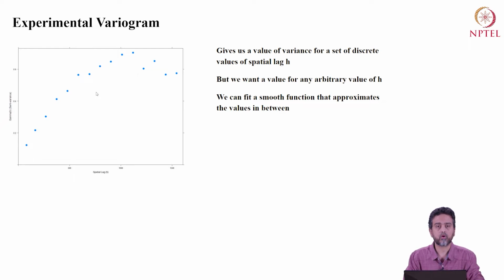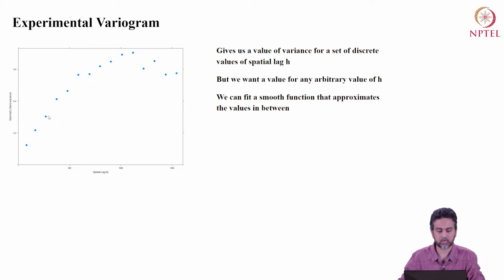But that's not what we want. For what we want to do in the future, we want a value for any value of h. We want to know the variance at any value of spatial lag. So even, for example, from this experimental variogram, we don't know how the variance varies between this point and this point.